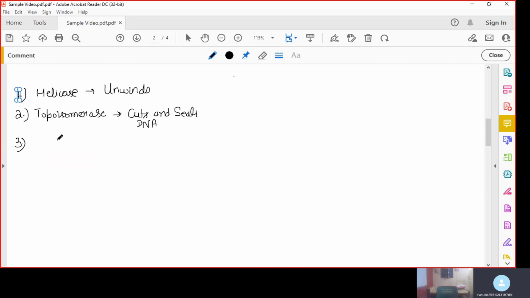This is helicase, then topoisomerase cuts and seals DNA. Then we have primase. What it does is it synthesizes primers. What are these primers? These are single-stranded molecules which help in polymerization further.